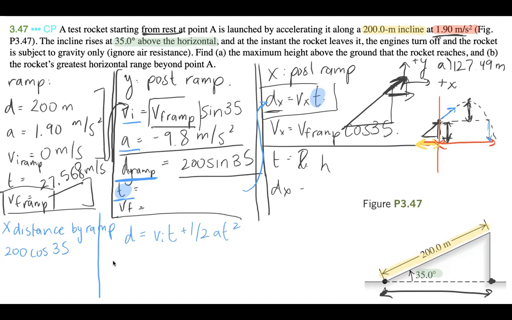The reason is that we're starting off with vi, which is up, and we said that this is our positive y, which is up. Because we're traveling this downwards distance, it's minus 200 sine 35, and that's equal to 27.568 sine 35 t plus half of minus 9.8, which is our acceleration, t squared.